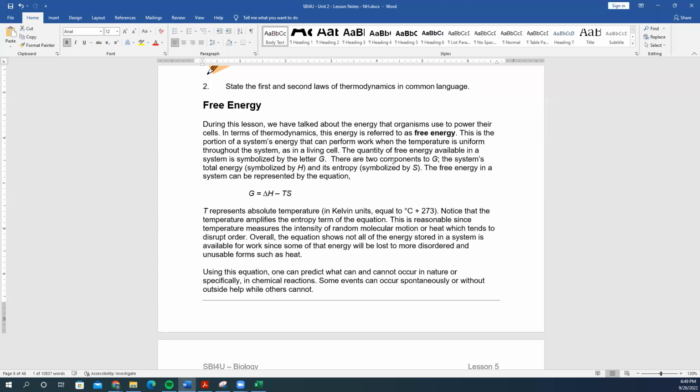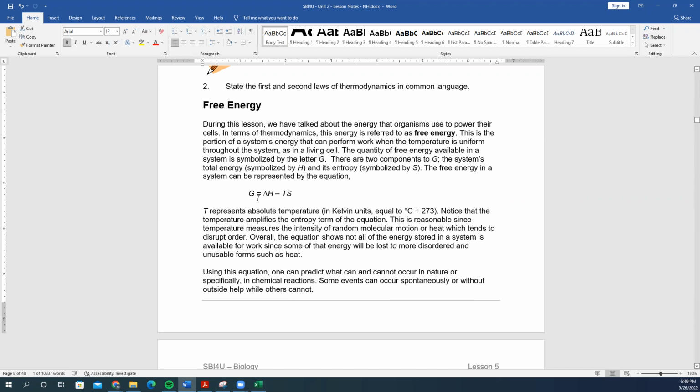At any time there is uniform temperature throughout the system, as in living cells, then the amount of free energy that is available in the system, which we give the symbol G, can be represented by this equation.